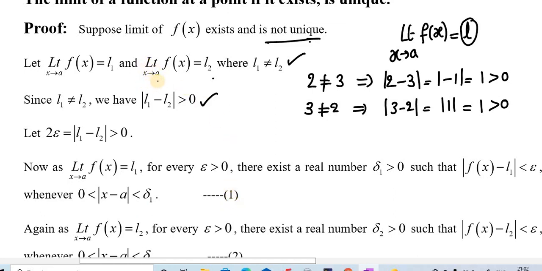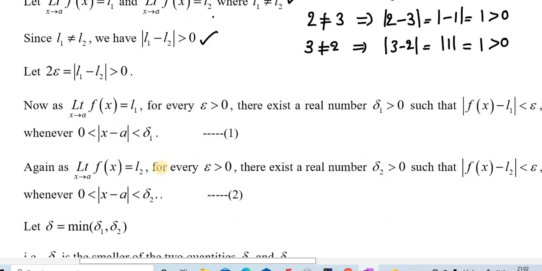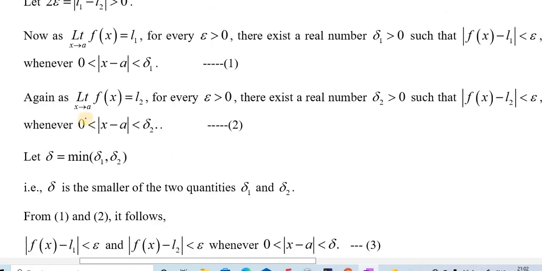Again, we have limit x tends to a of f of x equals L2. For this one also we are going to use the same definition, that is, the limit of a function. For every epsilon greater than 0, there exists a real number delta 2 greater than 0 such that modulus of f of x minus L2 is less than epsilon whenever 0 is less than mod x minus a less than delta 2.